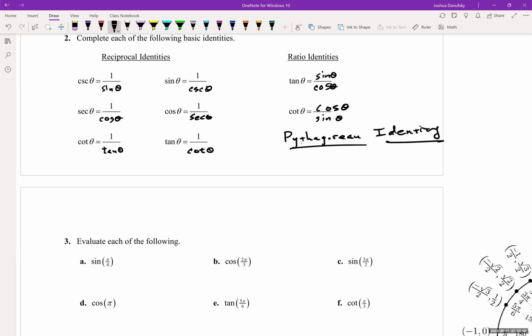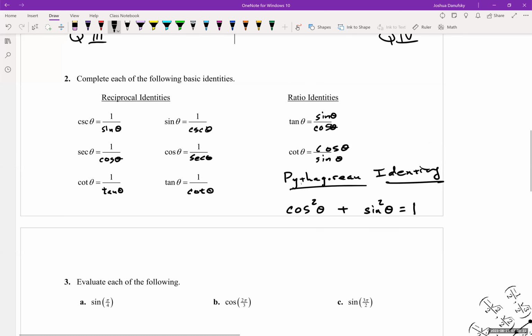Now, the basic Pythagorean identity is you basically take cosine theta, which is your x, and square it, and you add it to your sine theta and square that, which is your y squared, and that equals 1.